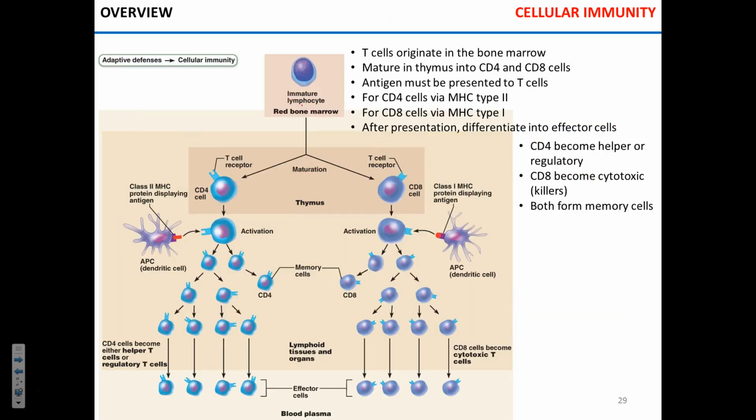So, how it all plays out with the T cell response. From the bone marrow, T cells migrate into the thymus. In the thymus, they are selected for not being self-reactive. No self-reactivity. And they are separated into two groups, CD4 and CD8.